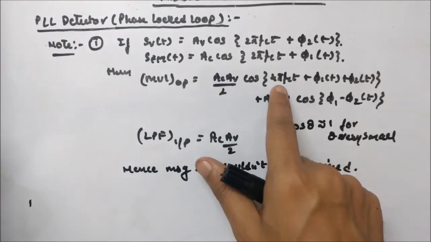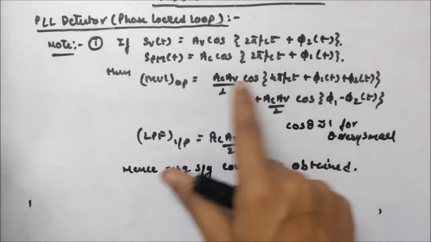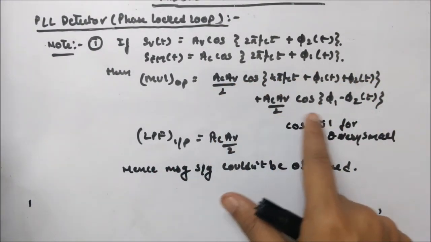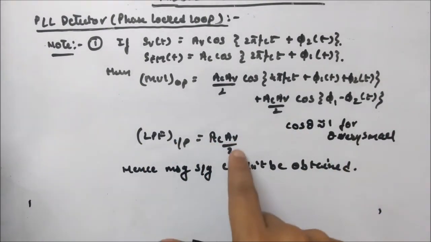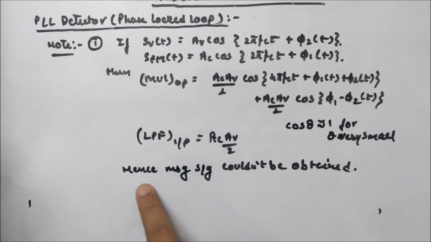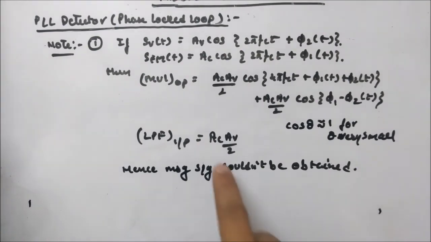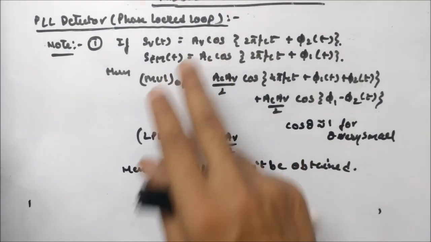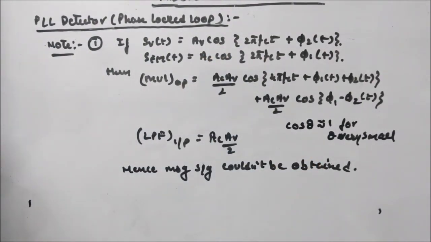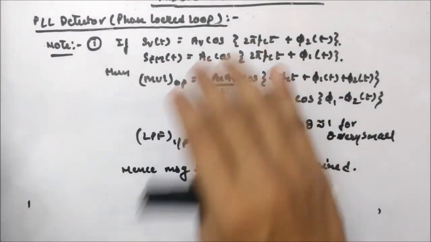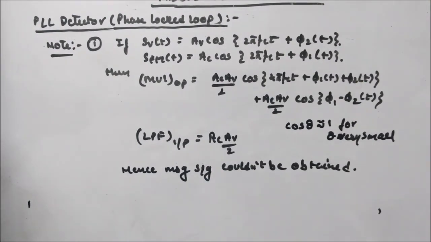So we can neglect this term, but here we were expecting something, and what we are getting at the input of the LPF is AC AV divided by 2, and you won't be able to recover your message signal from this. That is why we kept s(t) as AV sin(2 pi fc t plus phi 2(t)) rather than cos. We took a 90-degree phase shifted version for this reason.